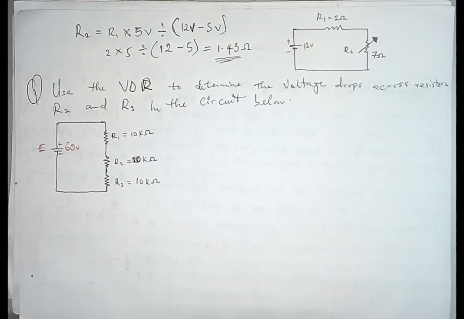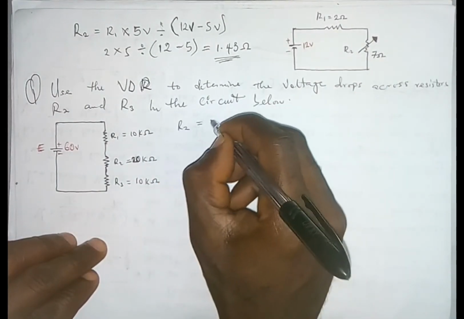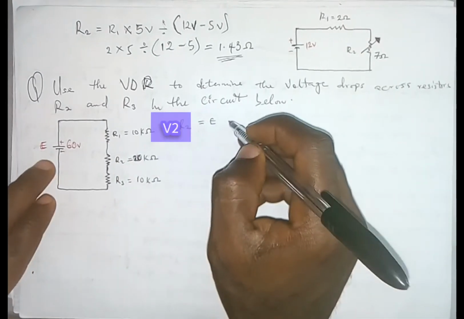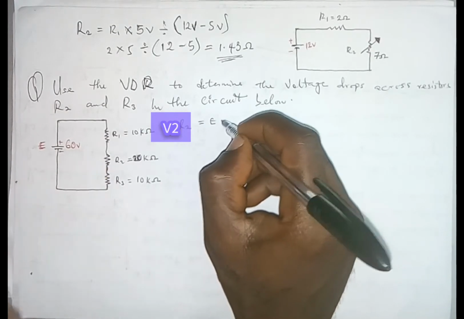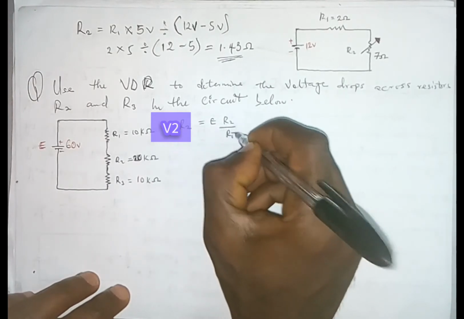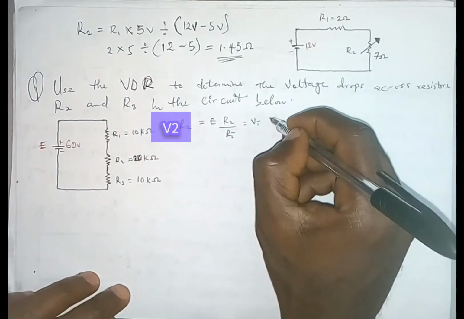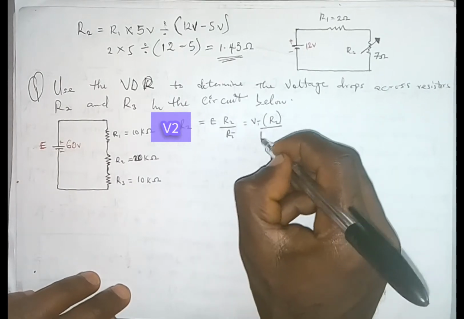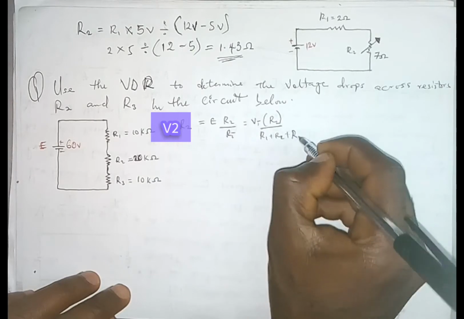By using VDR, the first one we are looking for is R2. Definitely we are going to use our E, which is the total volt or volt supply, multiplied by the required resistor, which is R2 over RT. What does it mean? Our E can also mean our VT, which is R2 over R1 plus R2 plus R3.